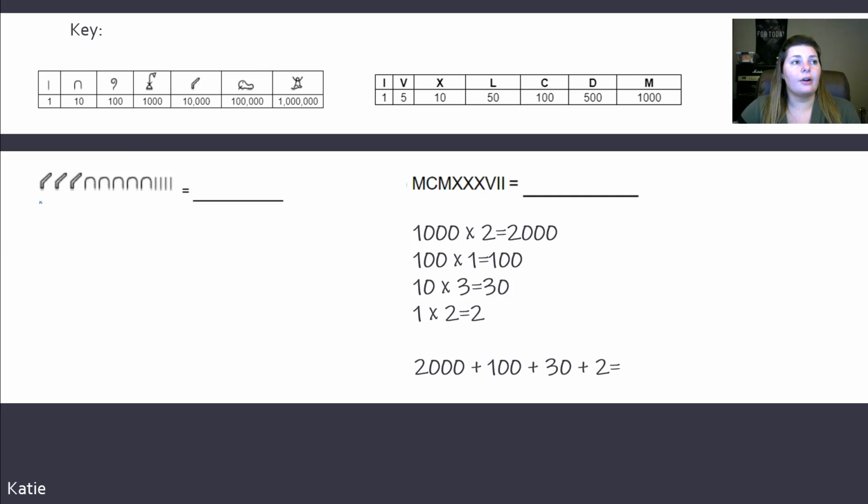So writing this out, I see that we have 1, 2, 3 symbols that equal 10,000. So let's stop and think. I could write 10,000 plus 10,000 plus 10,000. But isn't that the same thing as saying 10,000 times 3? I think so. So let's write it like that and see if that might save us a little bit of time.